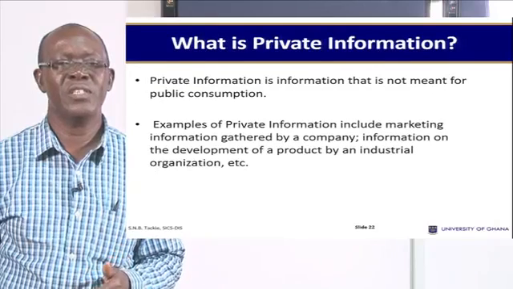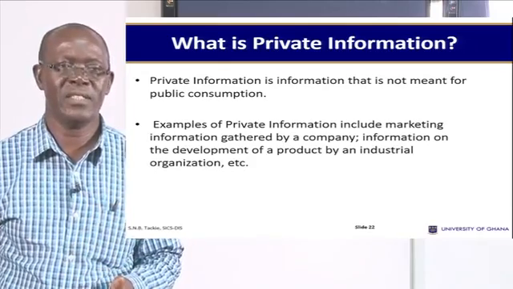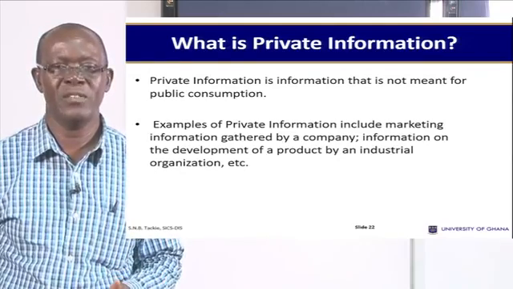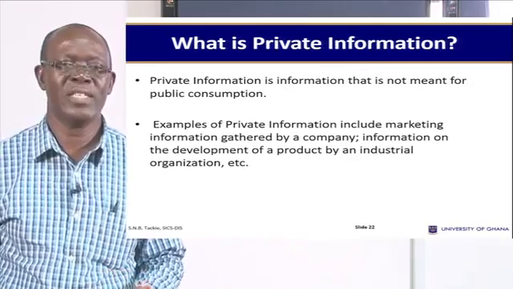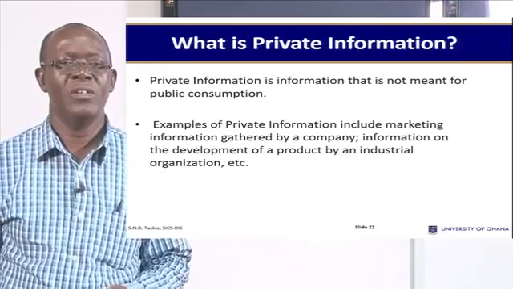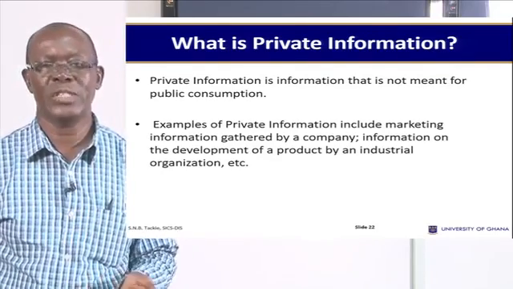And private information is held by corporate organizations. Corporate organizations hold private information, and the kinds of private information include marketing information that is gathered by a company, or the information on the development of a product by an industrial concern.